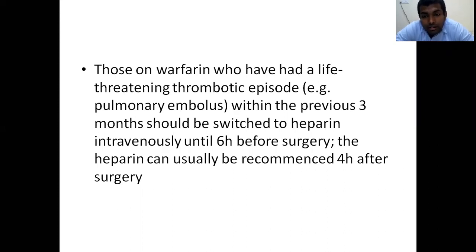You should convert the treatment to IV heparin up to 6 hours before surgery, and heparin can be restarted 4 hours after the surgery. So, if the patient is on oral warfarin, we need to convert it to heparin 6 hours before surgery, and restart it 4 hours after the surgery.